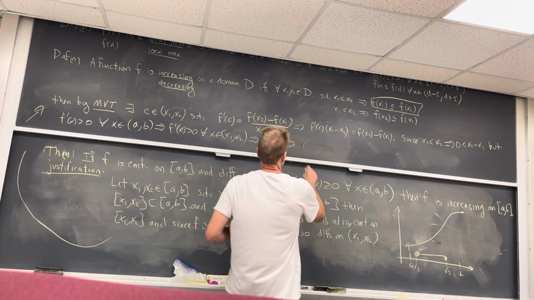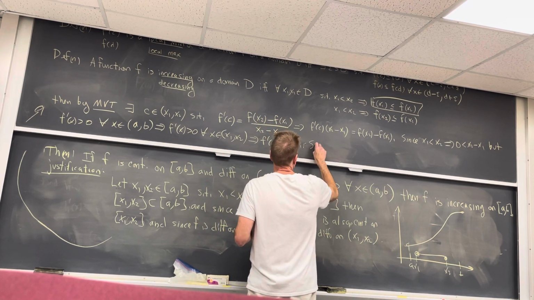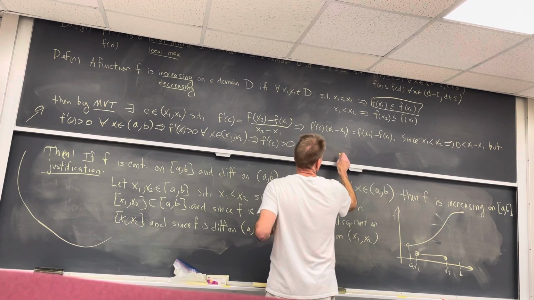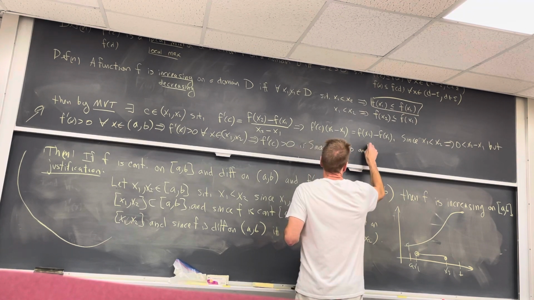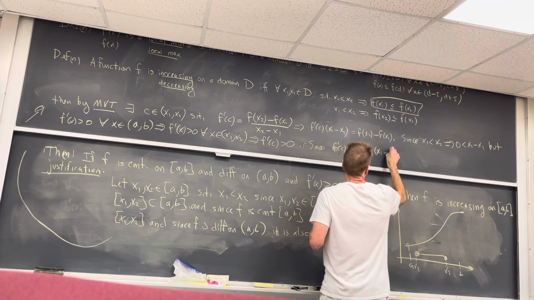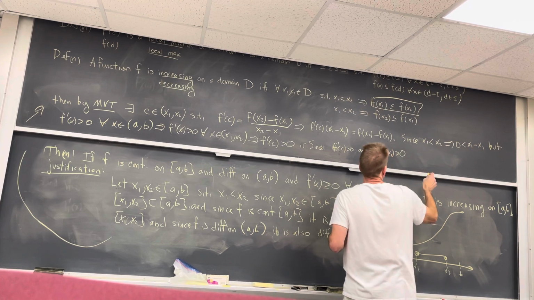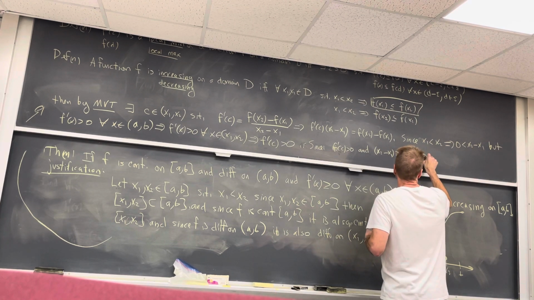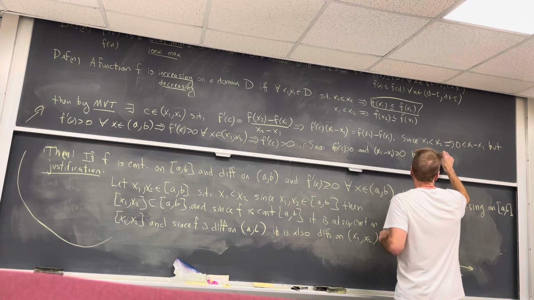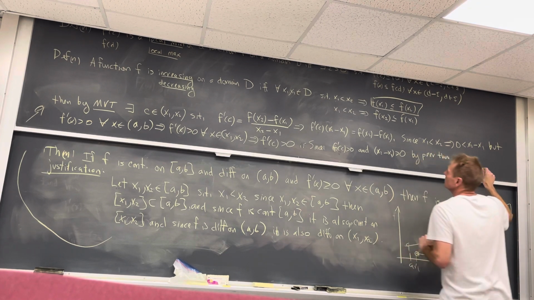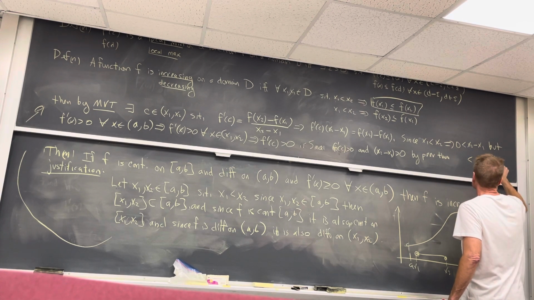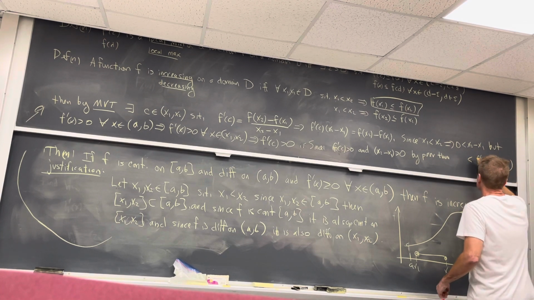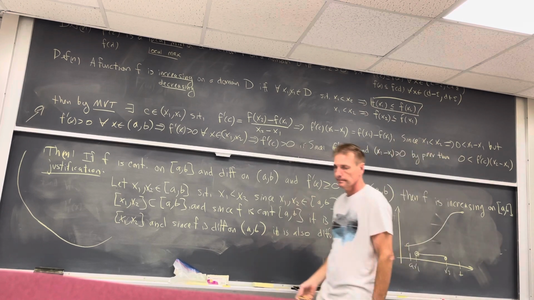So since f prime of c is greater than 0 and x2 minus x1 is greater than 0, by a previous theorem their product is greater than 0.